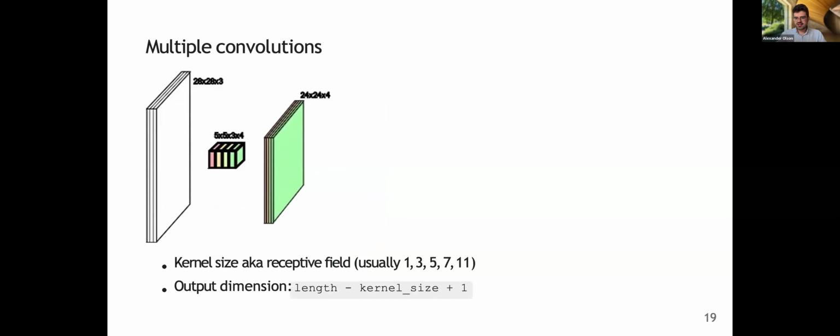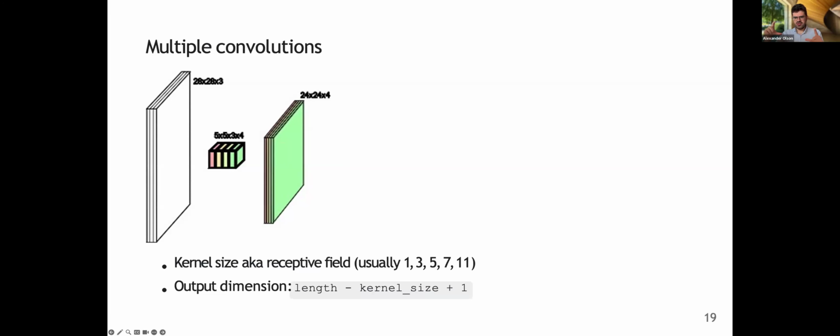So, the size of these kernels, there's a number of different words that are used to refer to these things. They're sometimes called a kernel, they're sometimes called a filter, and the biological analogy is a receptive field. I'll try to be consistent and call it a kernel. But the size of these kernels is typically an odd number. I think these are all prime numbers, actually. In general, these are usually fairly low values.